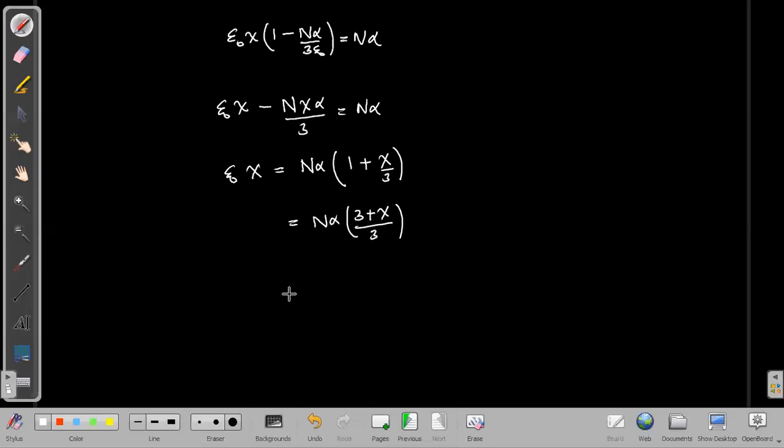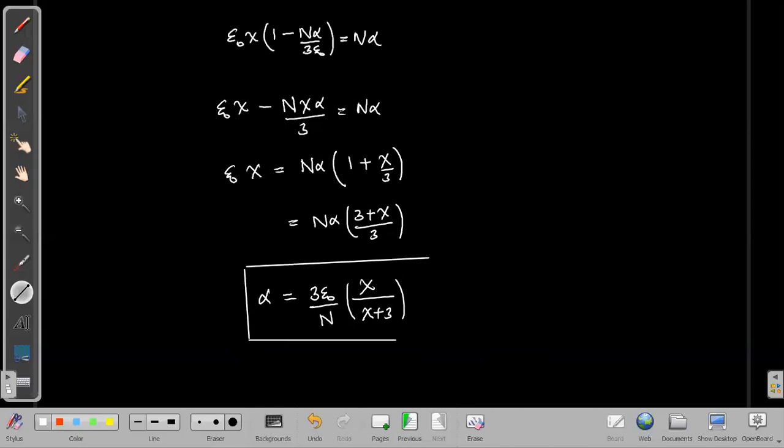Okay, so keep alpha on one side and take all other terms to the other side. So alpha I can write as 3 epsilon 0 by N times chi by chi plus 3. So this is your famous equation, the Clausius Mossotti equation.